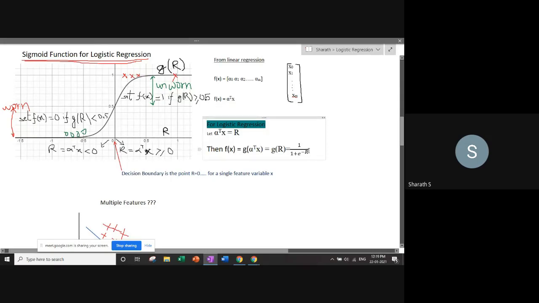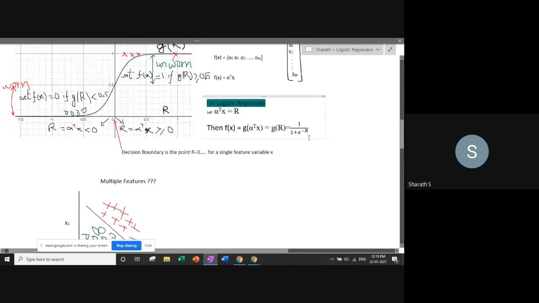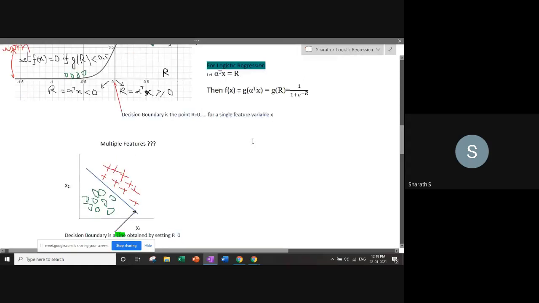Where the x's have powers of 1, it's a linear regression, and where the x's have higher powers, it is a polynomial regression. With x's of power 1 you can only get a linear fit, and that is equivalent to a linear decision boundary in logistic regression.